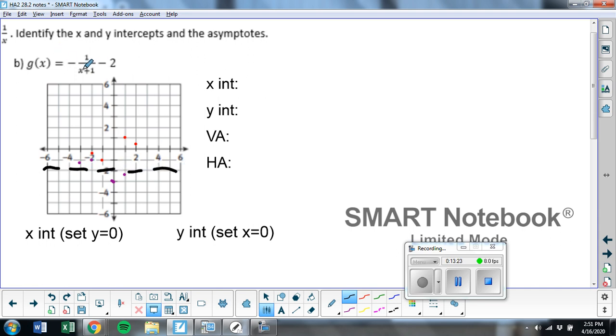Yeah, it moved 1 to the left, so I'm going to draw an asymptote 1 to the left. That should help you connect your points. Here's your 2 purple points, and you can kind of see that it's going to arch through there. Same here, I have 2 points. It's going to connect there. Go ahead and fill out those next parts.